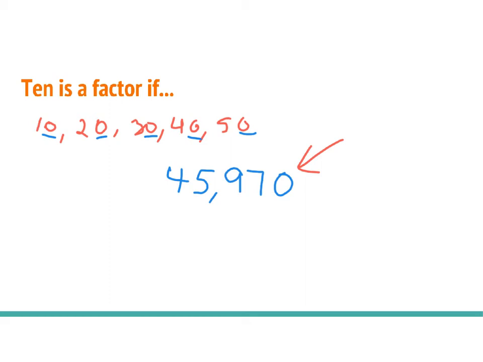And in fact, if you want an easy way to tell which number I would multiply times 10 to get that, just knock off the 0 in the ones place, and I would multiply 4,597 times 10 to get that. You can just knock off that 0 and tell what to multiply by 10, because multiplying by 10 put the 0 on there in the first place. All right, so that's how you tell if 10 is a factor of a number.